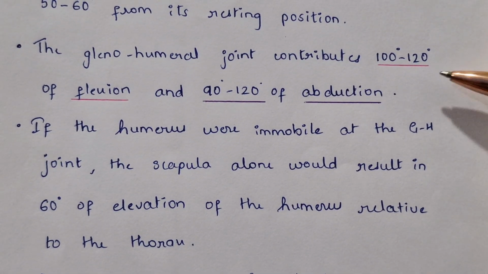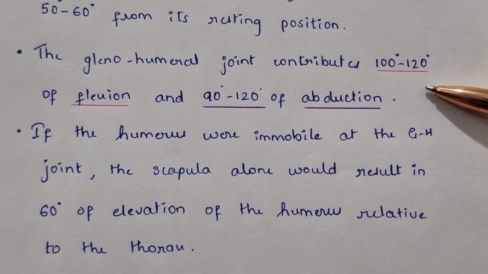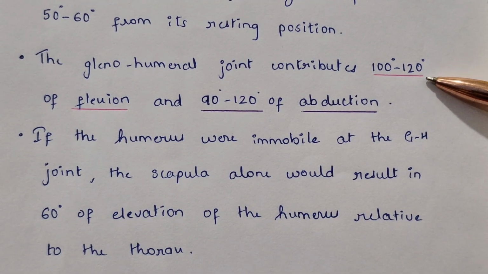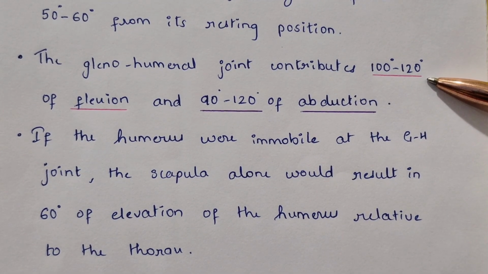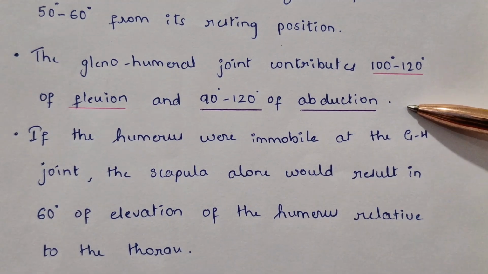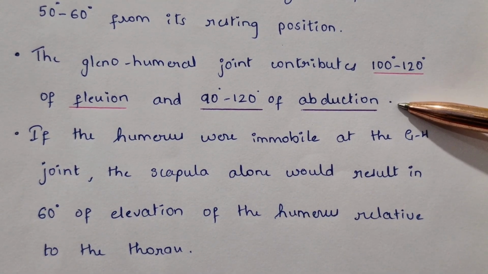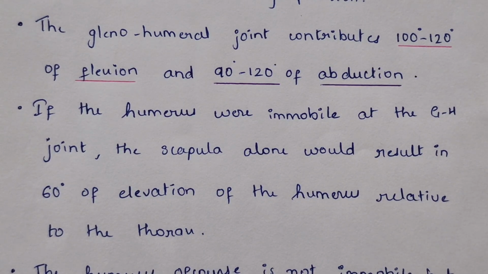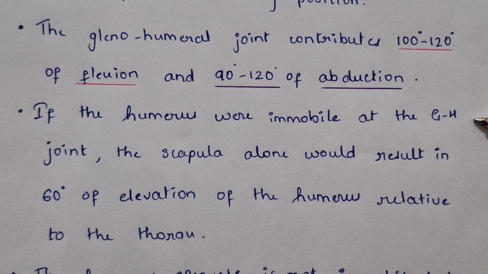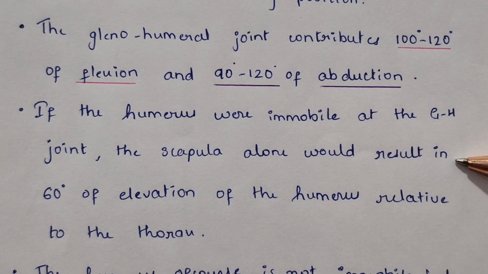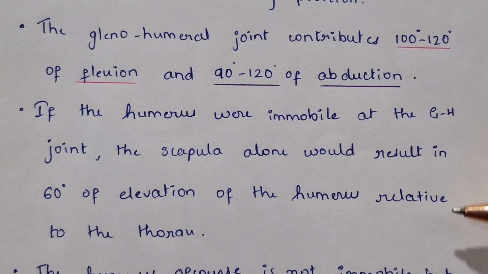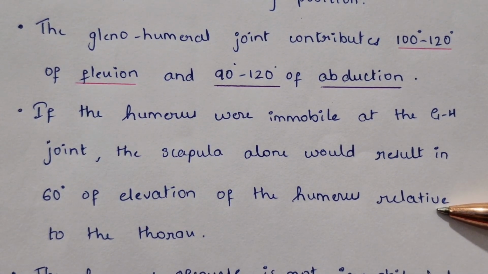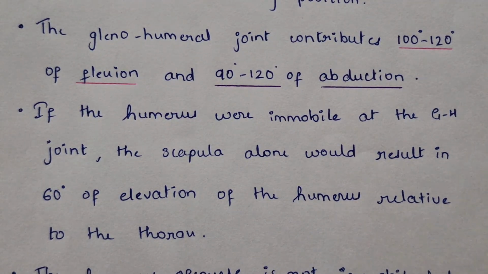The glenohumeral joint, which is also the GH joint, contributes to 100 to 120 degrees of flexion and 90 to 120 degrees of abduction. If the humerus were immobile at the glenohumeral joint, the scapula alone would result in 60 degrees of elevation of the humerus relative to the thorax.